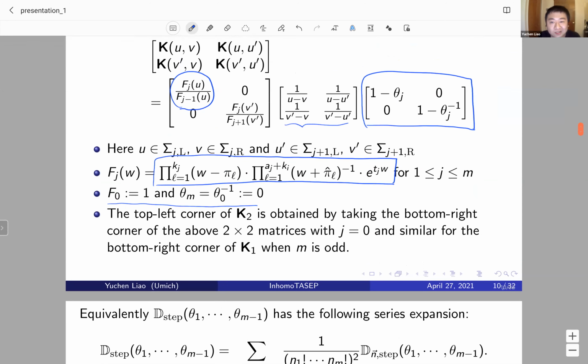But essentially, it is just a block matrix kernel with basically 2 by 2 blocks on the main diagonal. Essentially it says the only interactions are between left and right contours with the same index or contours that have indices differing by 1.